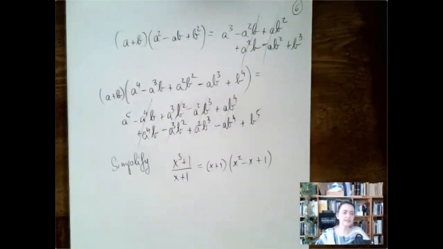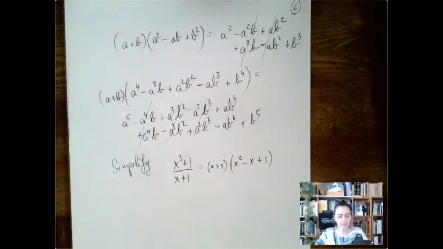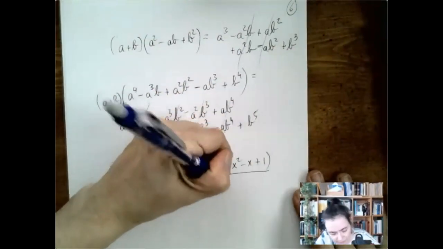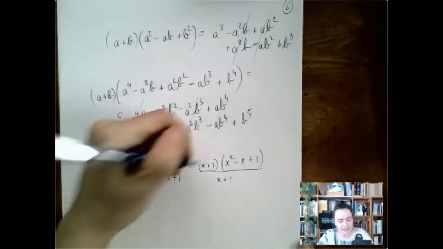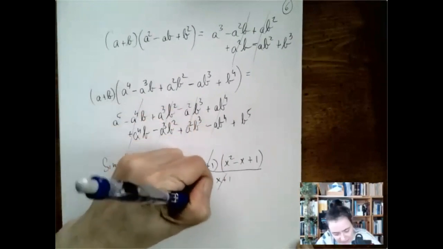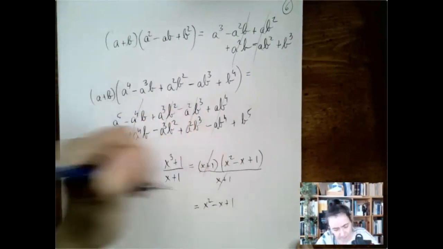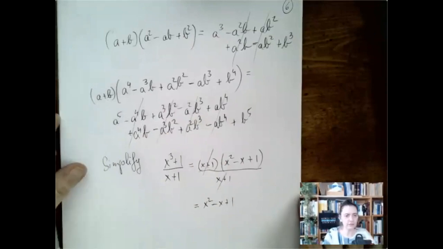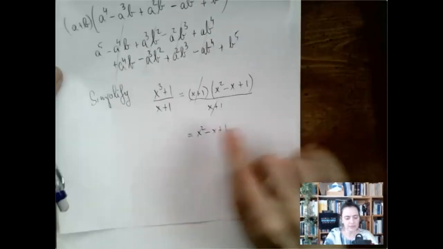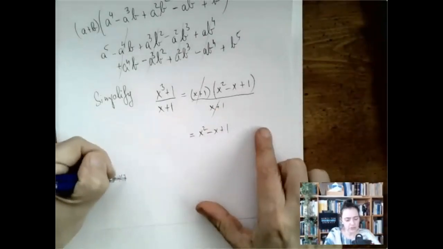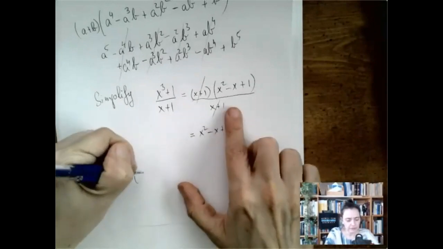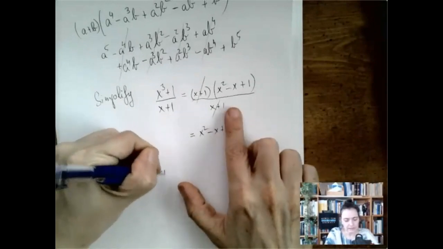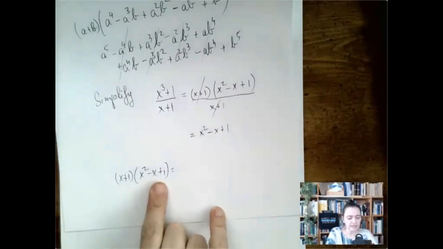It's pretty easy when it's x and 1. This is the simplest one probably. Oops, over x plus 1. My bad. And then we cancel out and we get x squared minus x plus 1. And if you're not sure at first, you should just multiply it out, just to make sure that we factored correctly. So we're going to hit everybody by x and then everybody by 1.